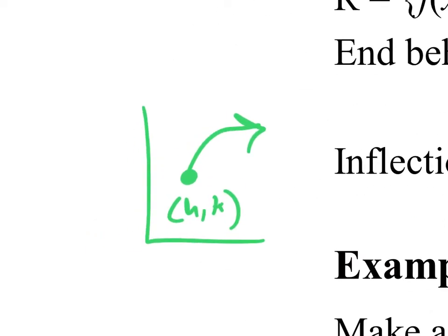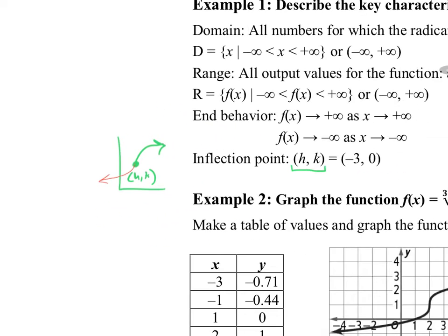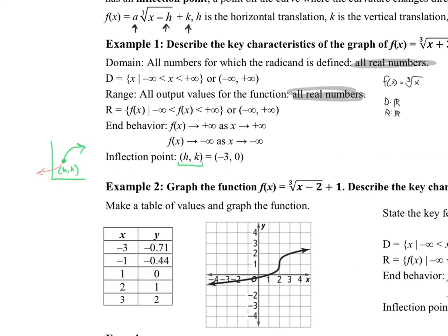Cube root functions still have that h comma k, except now that inflection point's where the other arm starts to begin. So it's still the starting point. It's the starting point for the arm that goes up and the arm that goes down. And finding the inflection point is very easy. It's h comma k.